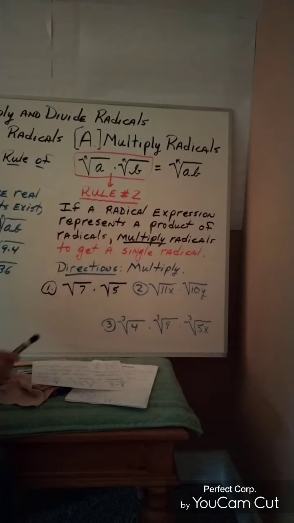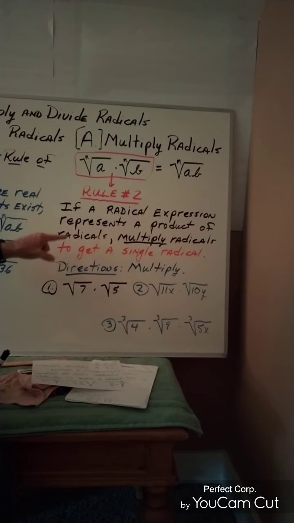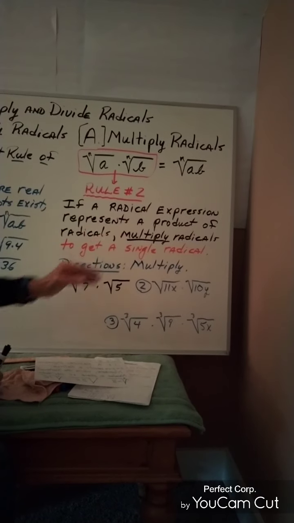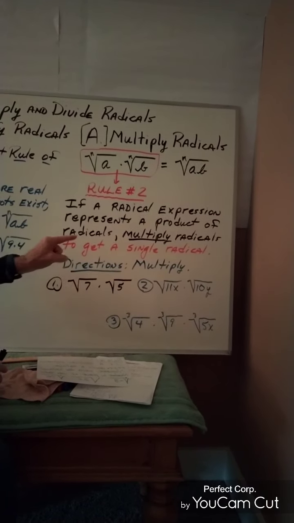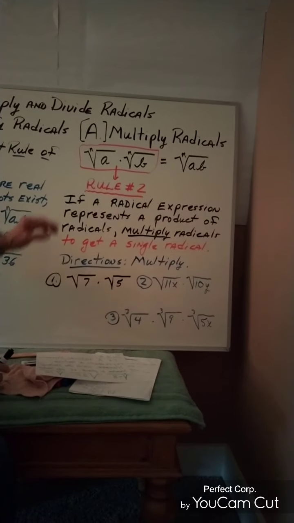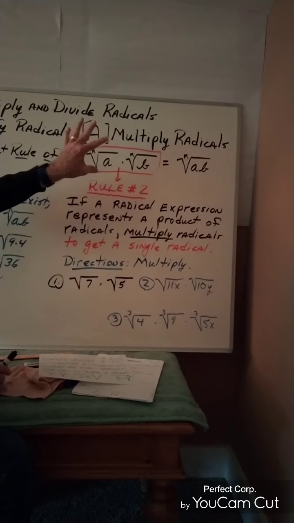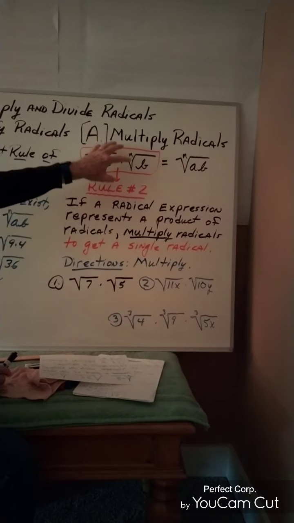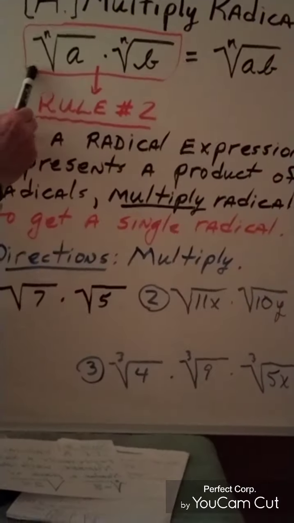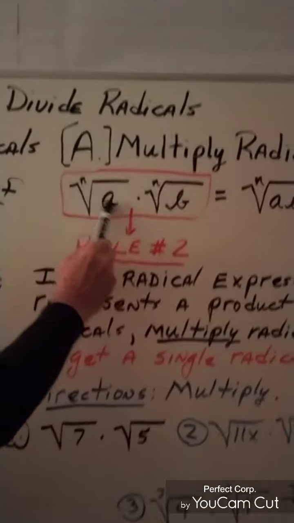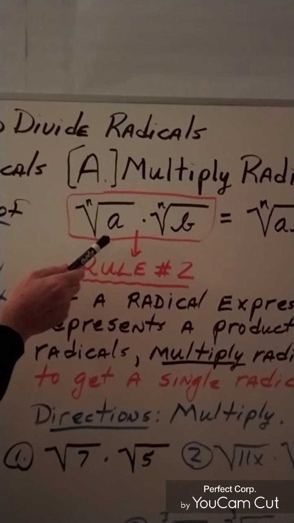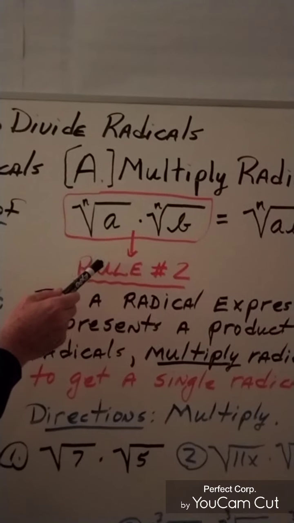If a radical expression represents a product of radicals, multiply the radicals to get a single radical. That is exactly what we did on this product rule. Why did I box this left-hand side off in red? Because of what Rule 2 tells us that we're going to follow.